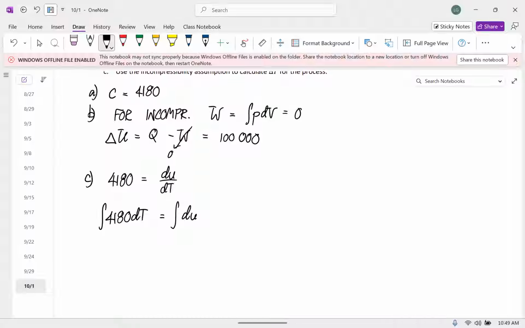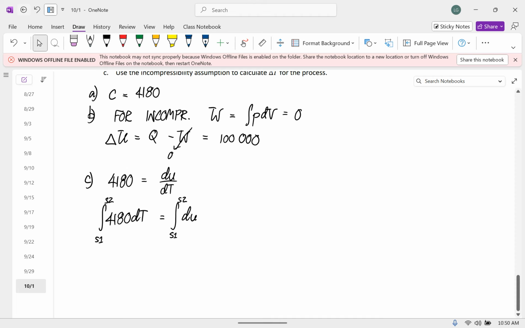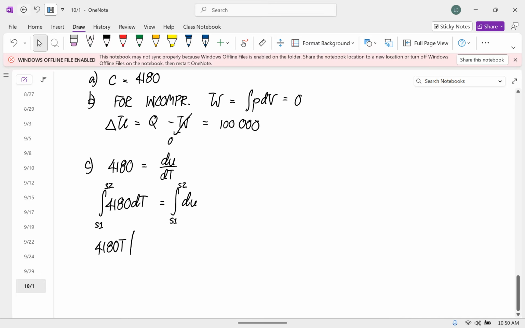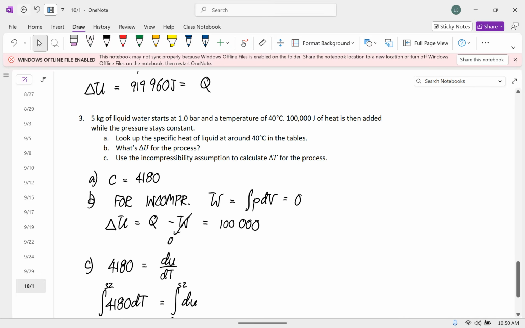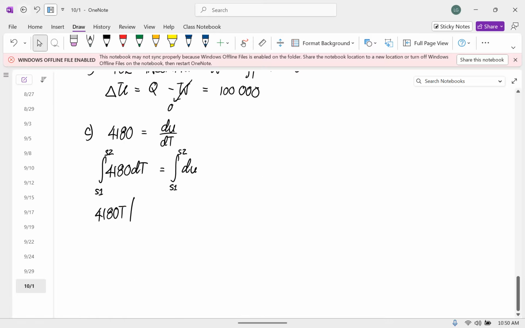Integrate both of these. Both of them are going from state 1 to state 2. Okay, so now this one is 4180 T from the starting temperature of 40 Celsius. And we're going to a T2 that we're trying to find.